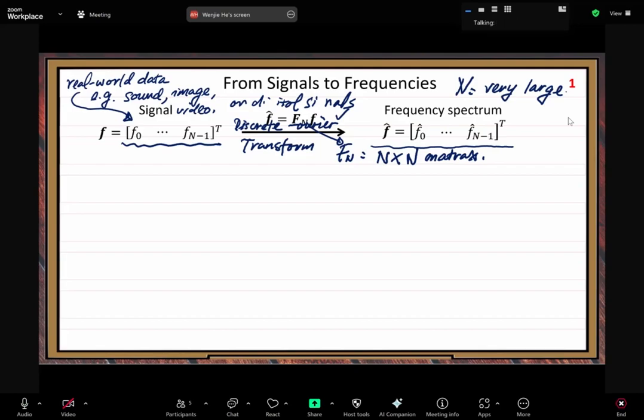So the question is: how to make the computation faster? Because in a typical application problem, the Fourier transform is not applied just once. Usually you need to apply this discrete Fourier transform many times, hundreds or even thousands of times, because you need to do the processing again and again.